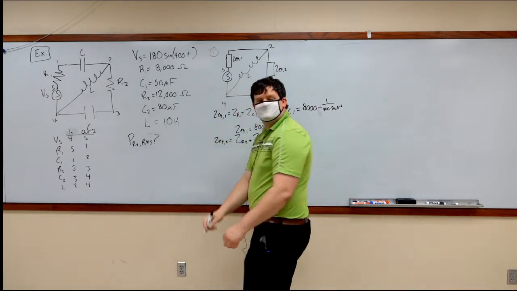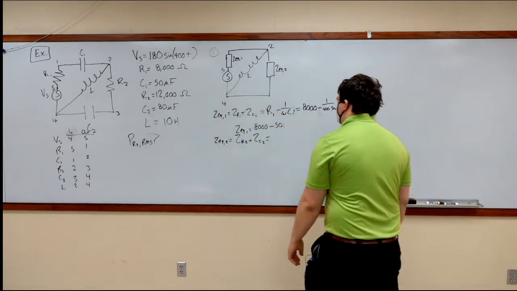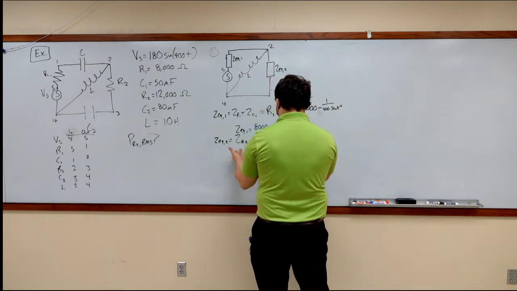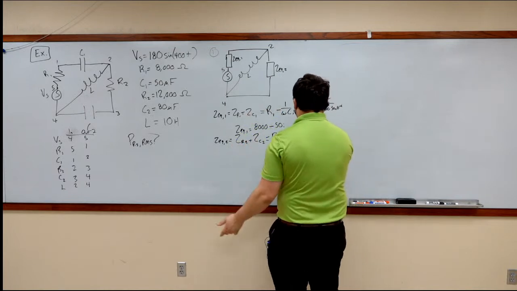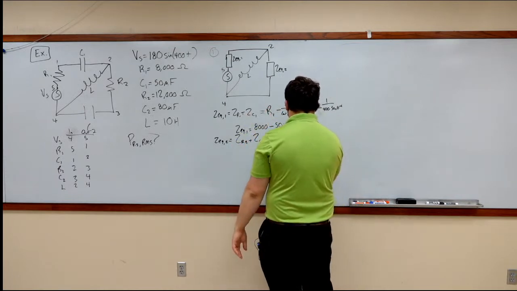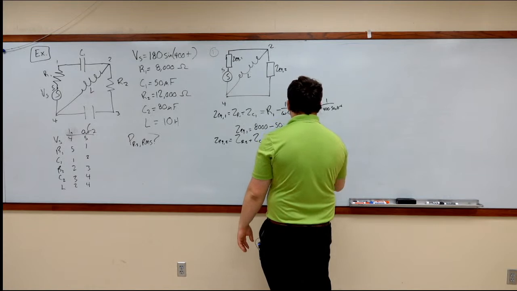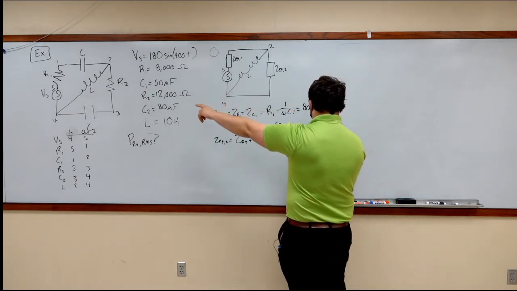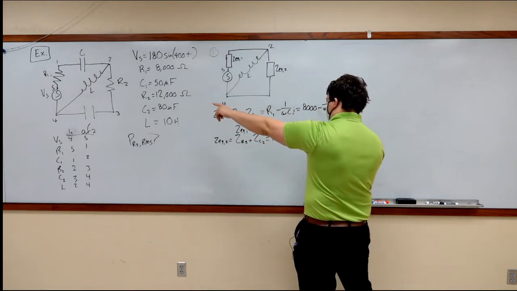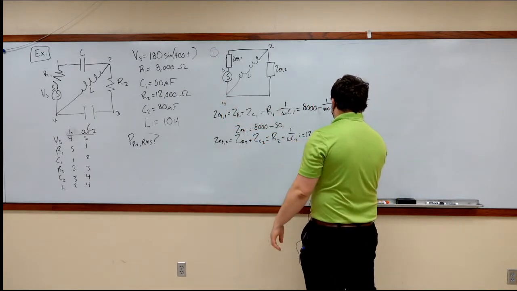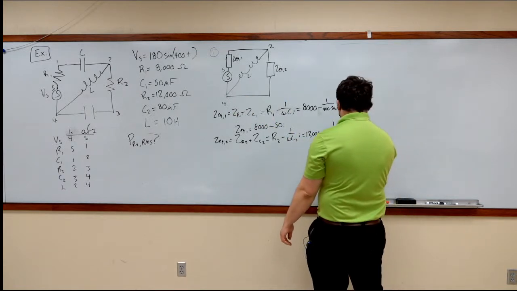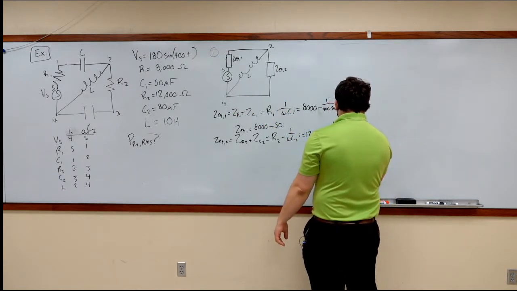It will be ZR2, and the formula for that is R2. ZC2, the formula is the same: 1 over omega C2 times i. R2 is 12,000, omega is 400, and C2 is 80 times 10 to the negative 6th.